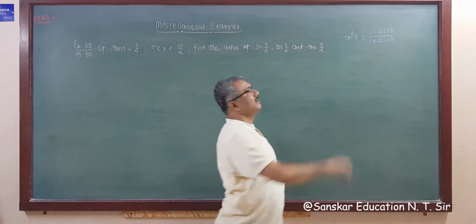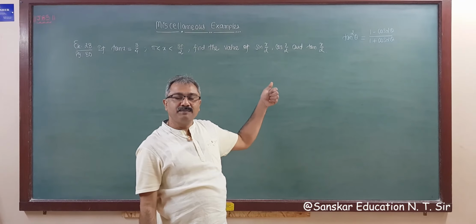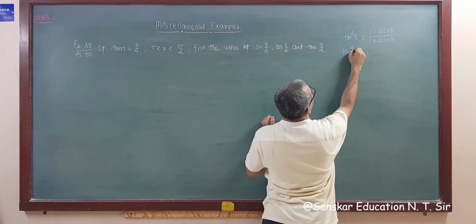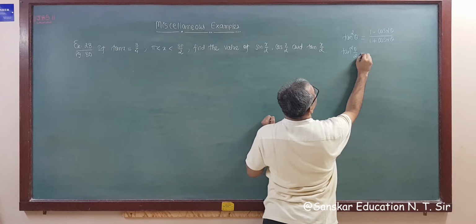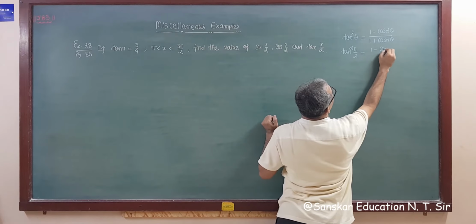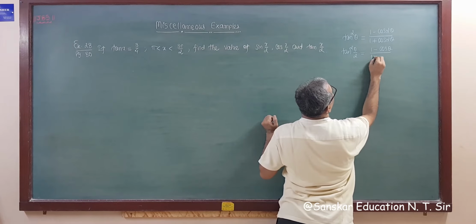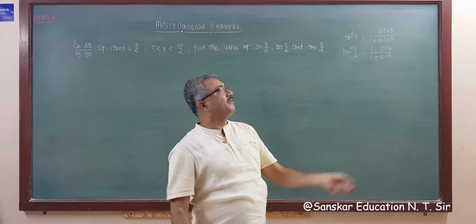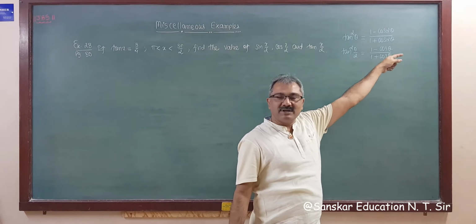This formula we learned, and we used this formula in the previous example. That is tan square theta by 2, answer will be 1 minus cos theta upon 1 plus cos theta, that you know. So this is an important formula. If we take sin square theta, then again 1 minus cos theta. If we take cos square, then 1 plus cos theta.